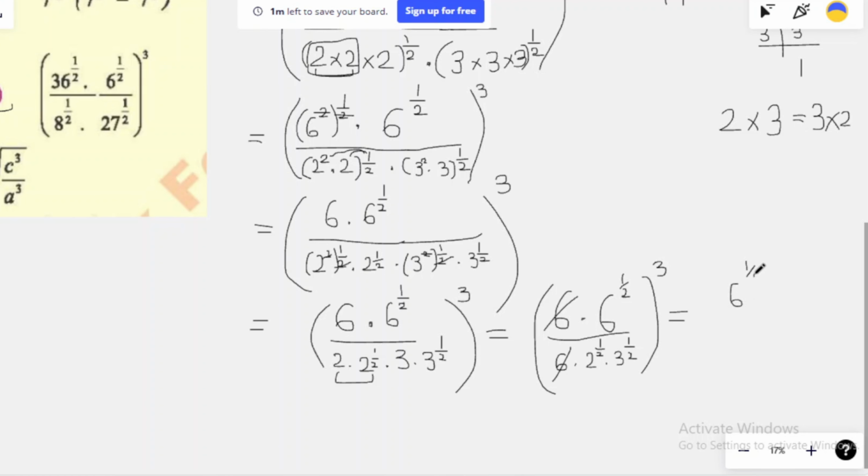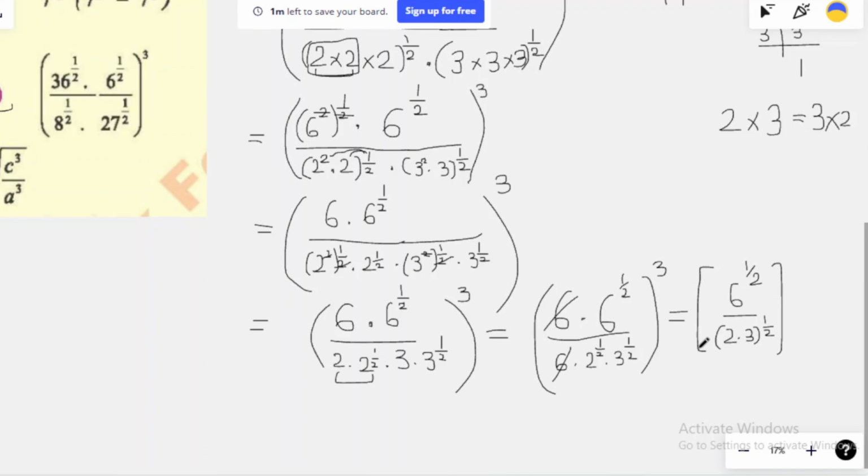And in the denominator, if you look, you have two numbers, the bases are different, but they are being raised to the similar power. So we can write them together in a single group with the same power written outside, because we know that if we have a power and a group where two numbers are being multiplied, the power will be distributed inside.